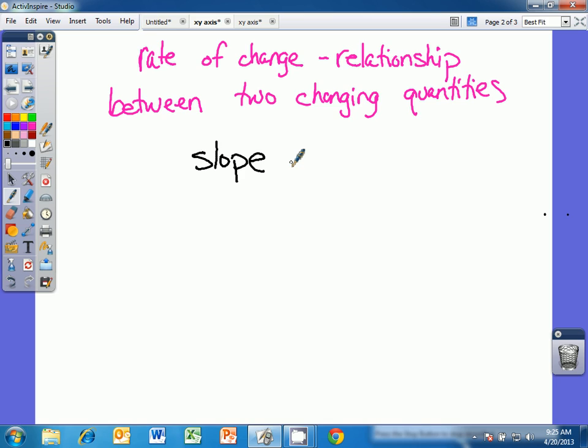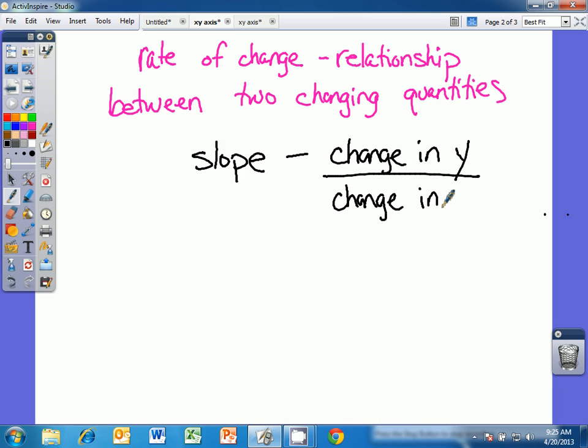Slope is defined as the change in the y's divided by the change in the x. And so when we relate rate of change with slope, we're finding that the two changing quantities are the dependent variable and the independent variable.